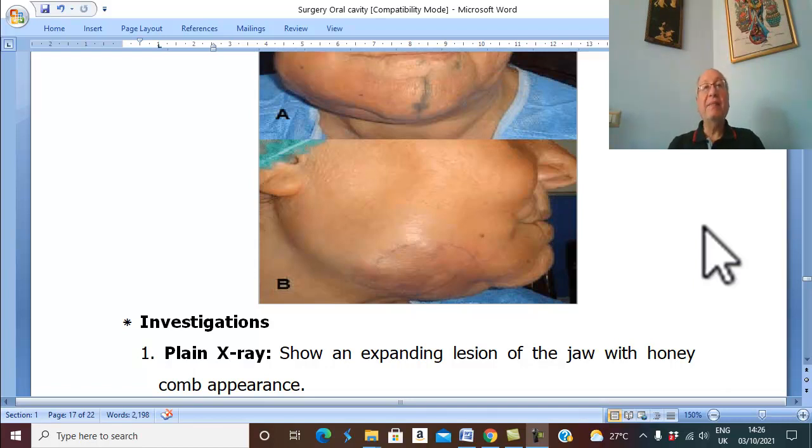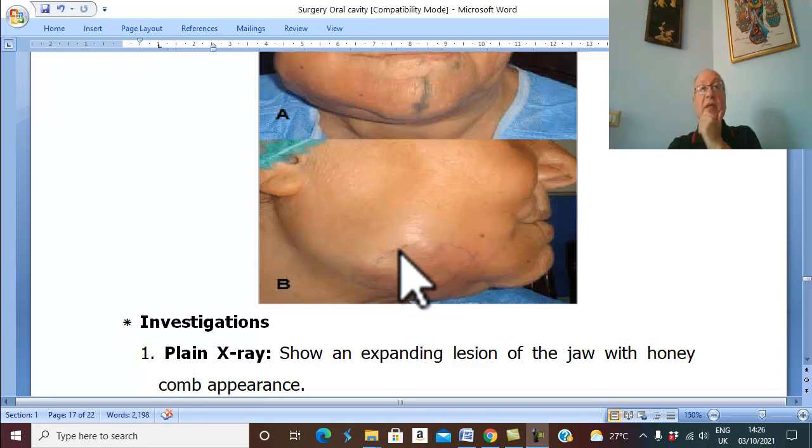Ameloblastoma or adamantenoma is a locally malignant tumor, and we all know that a locally malignant tumor spreads only by direct spread without any lymphatic or blood spread.